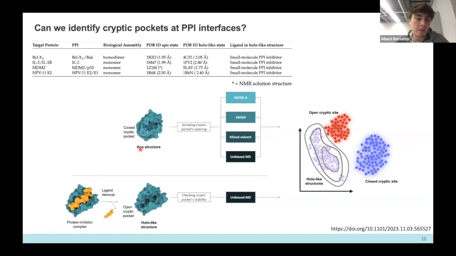And in parallel, we also started from the holo configuration of the same protein. We removed the ligand and we sampled the open configuration of the pocket with unbiased MD. Then we project the different conformations into t-SNE space in order to detect different open and closed conformations that we sampled along the different trajectories.